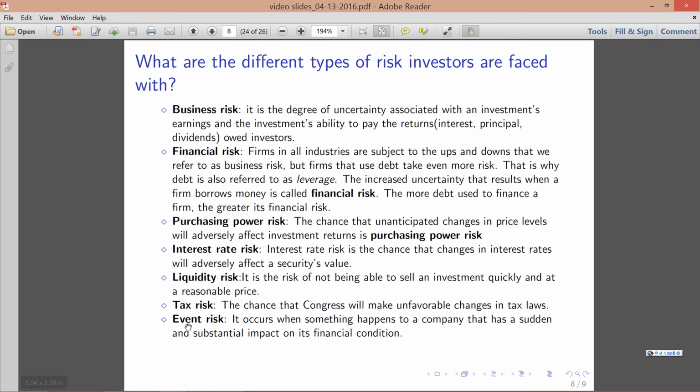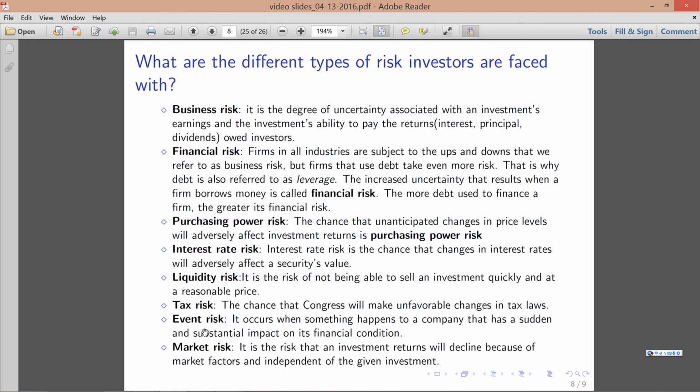So those are the extreme events that could happen. That's called event risk. Market risk is the risk that is outside the firm. So what if the economy just goes down, or the economy just becomes very good? So those are the outside factors that could potentially affect a particular investment. Okay, so this is a very huge one.